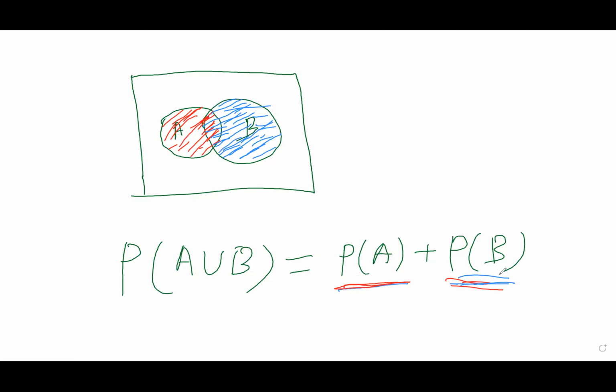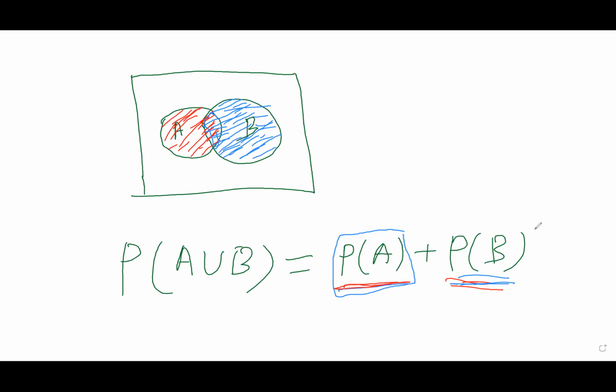Now if you look carefully, you will see that in the middle we have red and blue both, right? When you are writing probability of A, that means you are considering all of the red area.